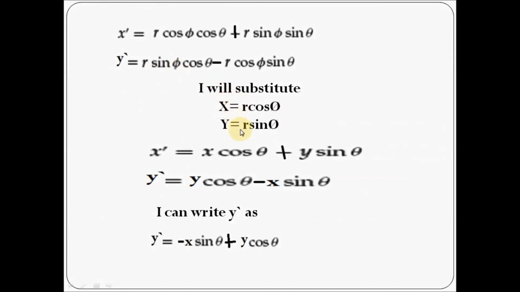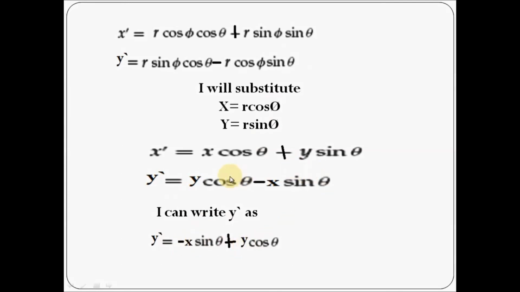So when I substitute these values, x dash is x cos theta plus y sin theta, and y dash is y cos theta minus x sin theta. Getting, guys? I just substituted these values. Now I can write y dash as minus x sin theta plus y cos theta. You can see I am interchanging these terms.